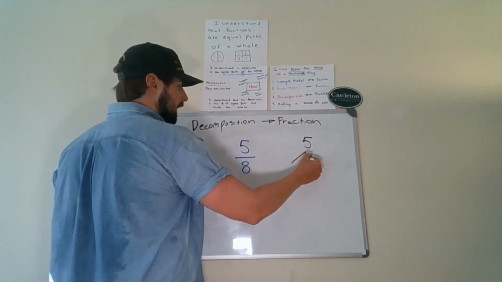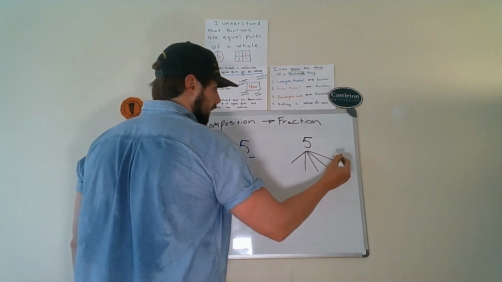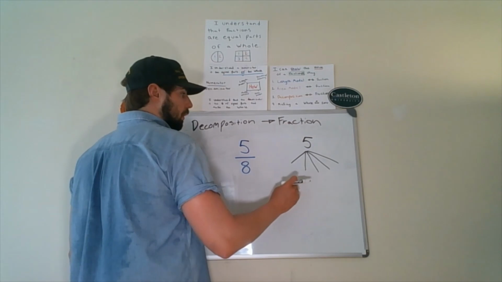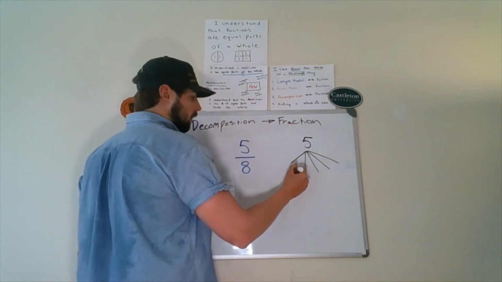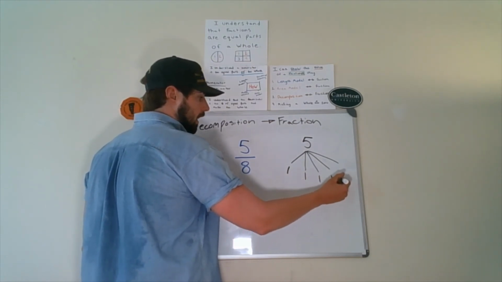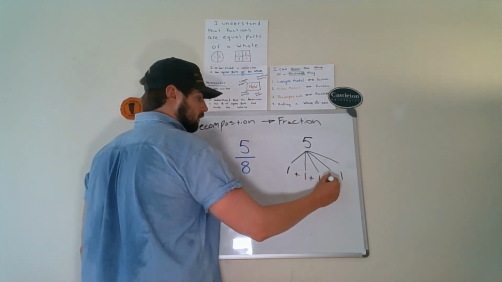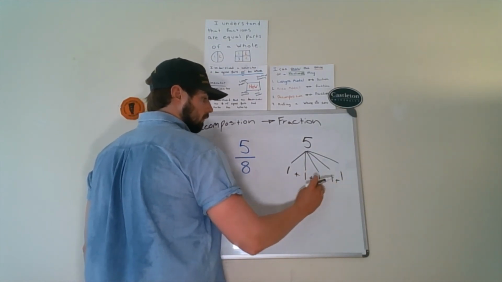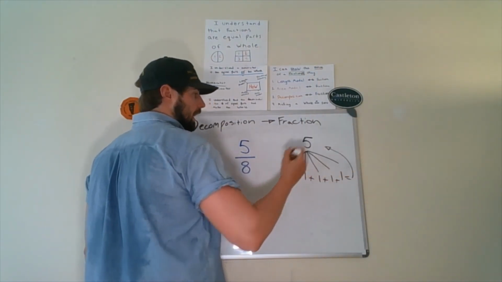When I'm splitting up a regular 5, a whole number 5, I know that it's broken up into 5 ones, which are wholes, but it is indeed broken up into 5 ones. 1 plus 1 plus 1 plus 1 plus 1 equals 5.